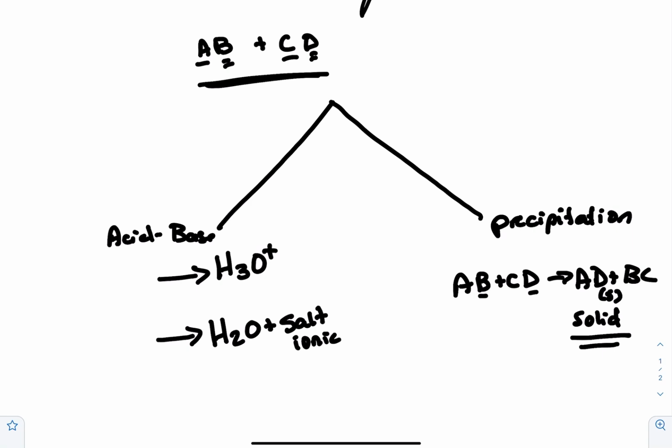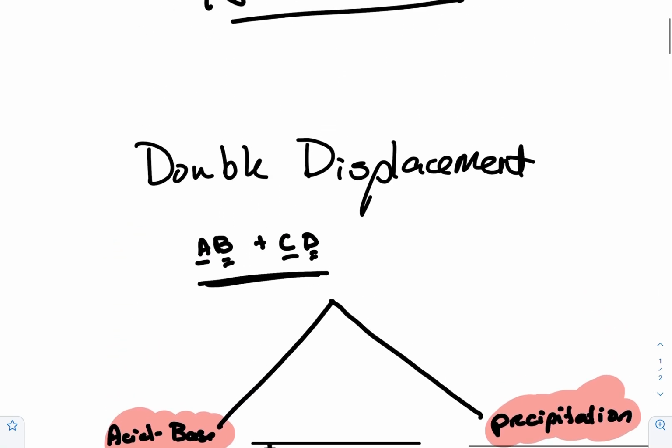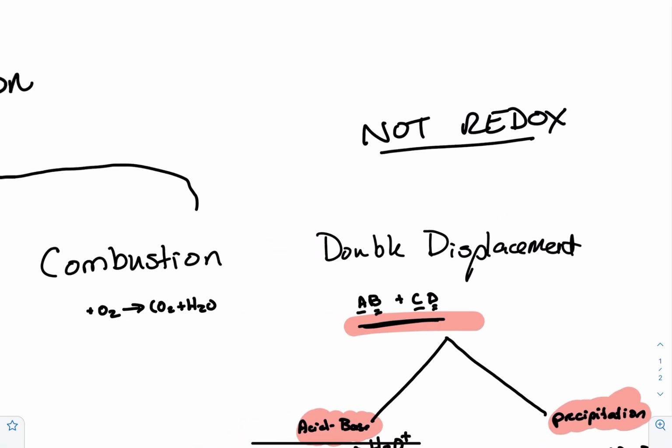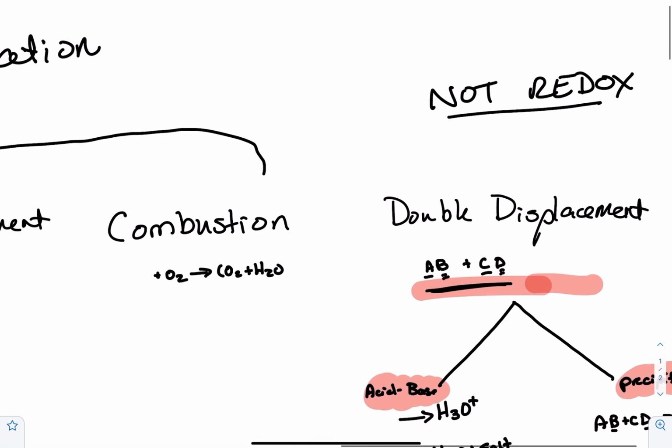So we actually are going to mostly focus on this type and this type of double displacement, but you will need to know how to balance just any type of a double displacement reaction. And you will also need to be able to predict the products for double displacement. You need to be able to predict the products for combustion, and those are easy because they're always CO2 and water.